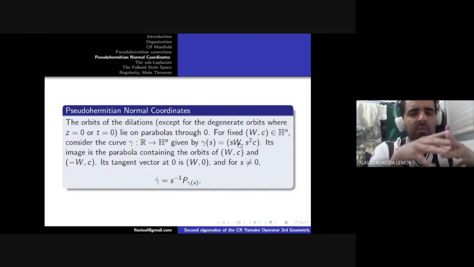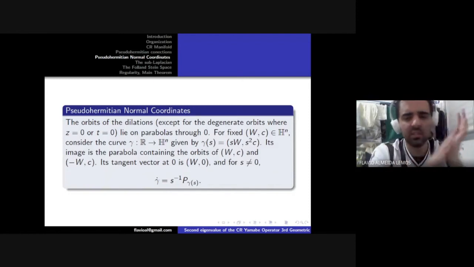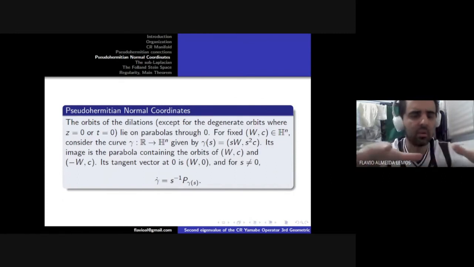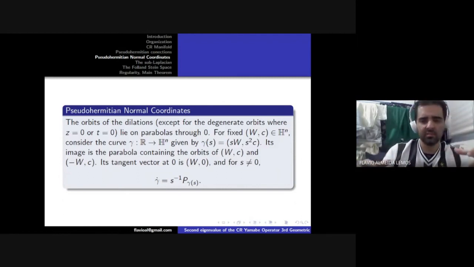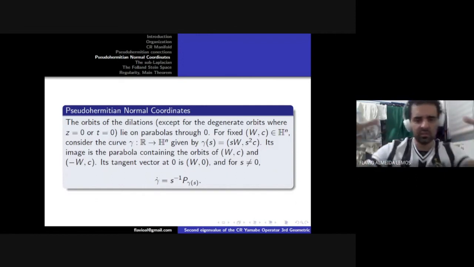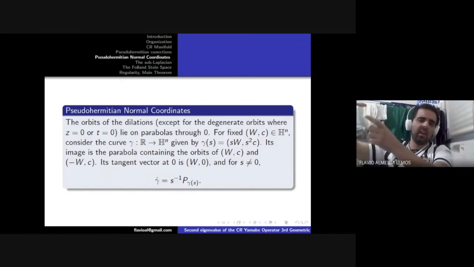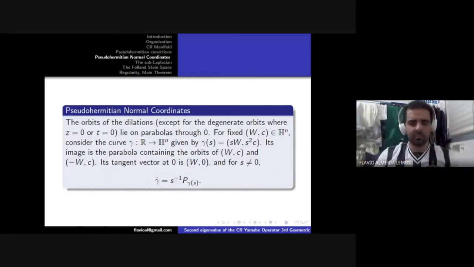We have now the first idea here: study these parabolas on the Heisenberg group and try to put this in a general CR manifold.